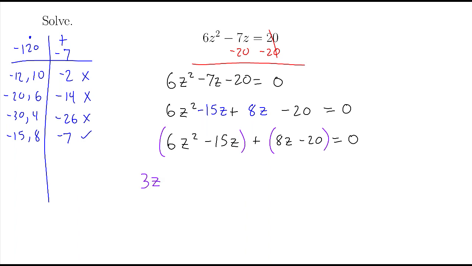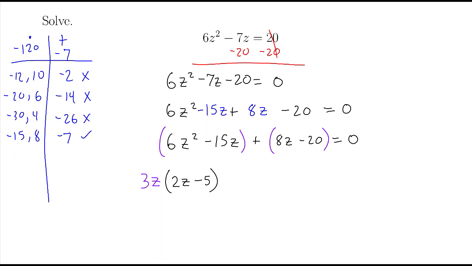So I'm going to factor out a 3z. If I take a 3z out of 6z squared, if I divide that out, I will be left with 2z. And if I factor out 3z from negative 15z, I'm left with negative 5.